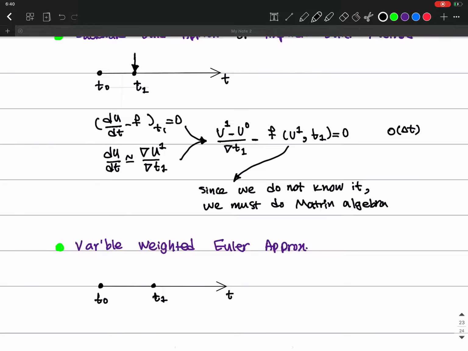What I'm going to choose is something in between. So I'm going to choose something like here, T star, which is T0 plus theta delta T.